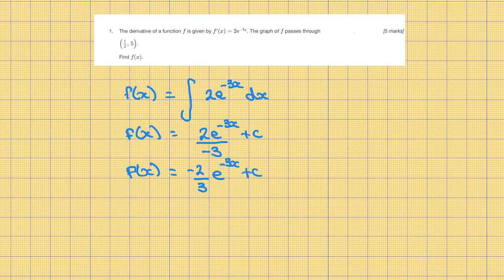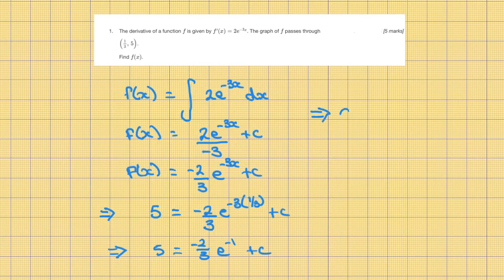You then use the point (1/3, 5) to find c. So therefore 5, substituting for y, is equal to minus 2/3 e to the minus 3 times 1/3 plus c. Therefore 5 is equal to minus 2/3 e to the minus 1 plus c.